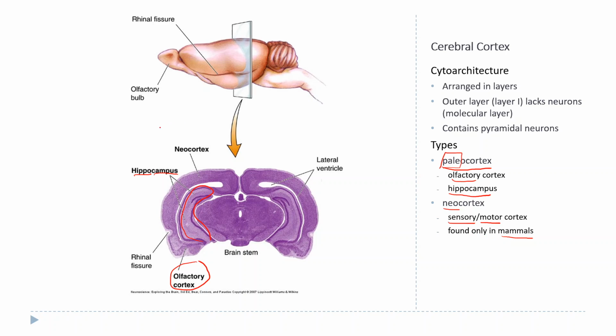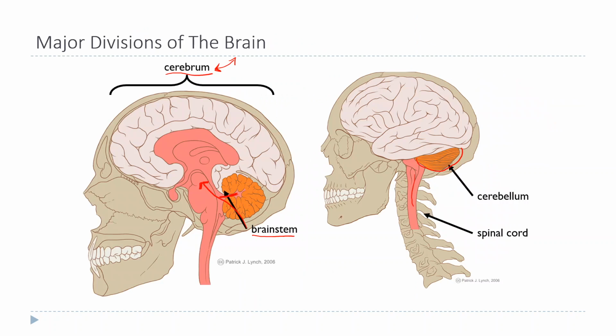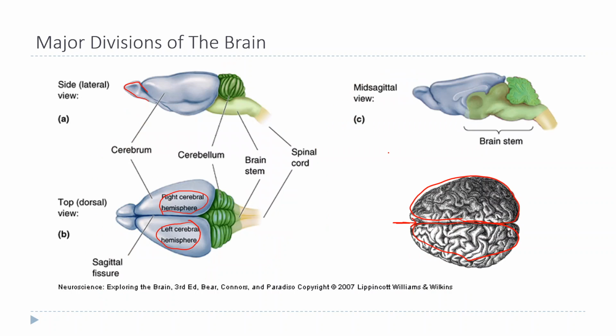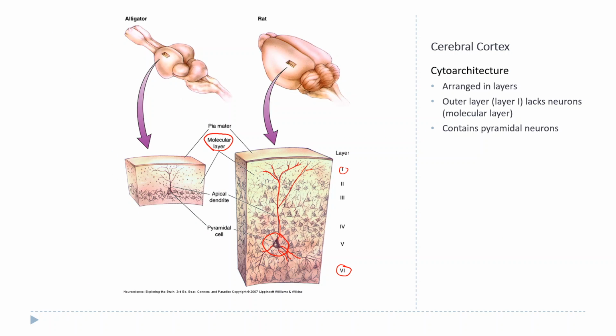You can see, even in the rat brain, this whole area here is all neocortex, and it takes up the vast majority of the cerebrum. That's true in humans too. In a human brain, for example, most of this area here is neocortex. And so generally it's what you can see from the outside.